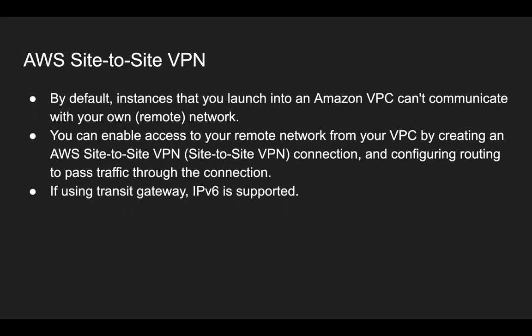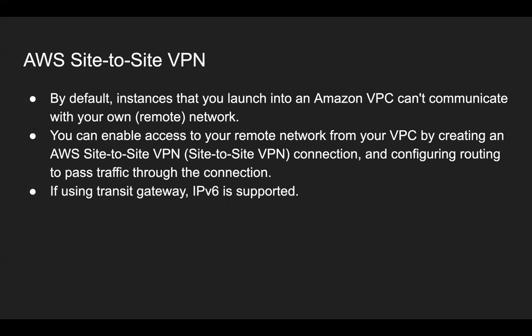So now let's take a look at another option where you talk from your VPC on the AWS side of things to your on-premise data center. But this time the entire traffic goes over the internet, but is encrypted in terms of a tunnel. By default, all of the instances that you launch within your VPC cannot communicate with your own remote network or your on-premise data center network.